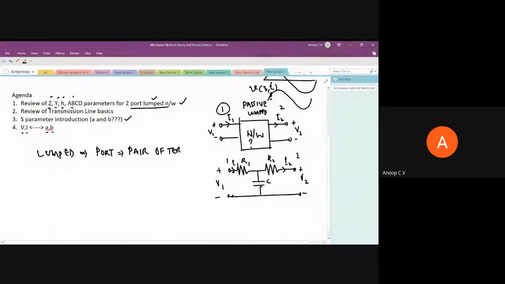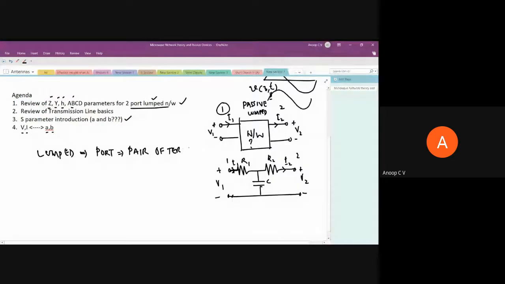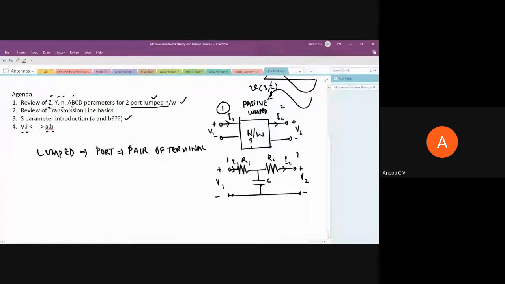Along the length of the connecting wire, the wire acts as a short circuit. In lumped network theory, we assume the resistance, capacitance and inductance are confined to a single point, and the conducting wires are short circuits. But when we come to distributed networks, that concept will change. That's why I told you initially.